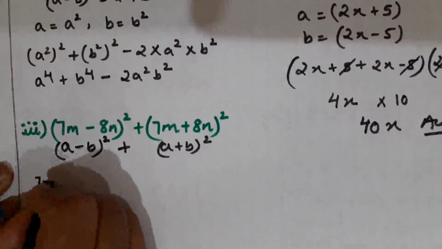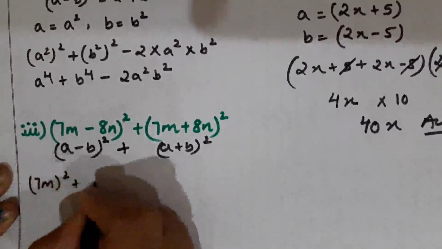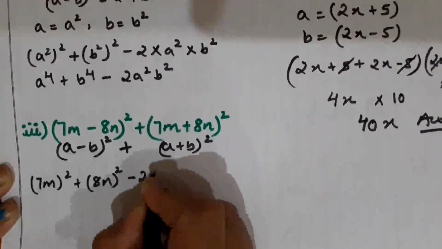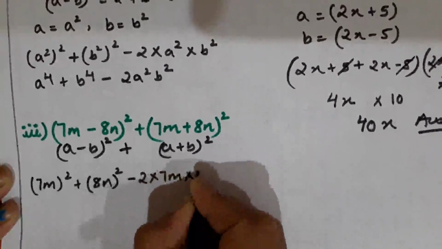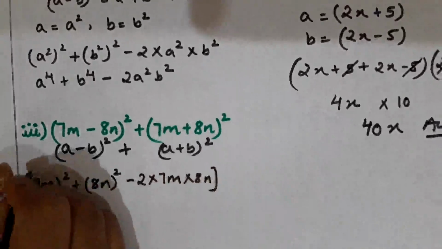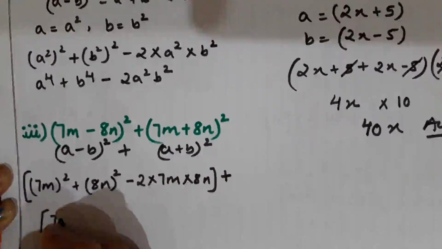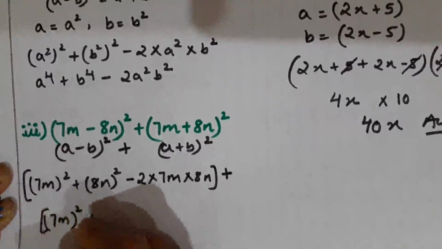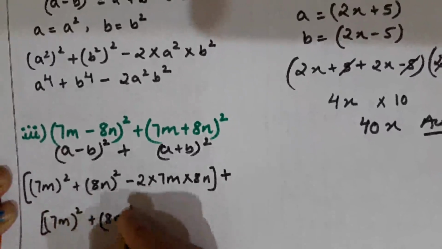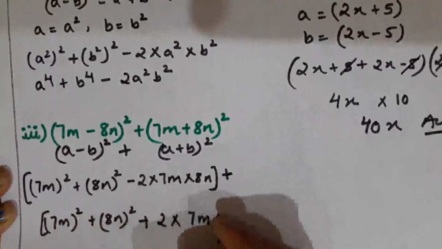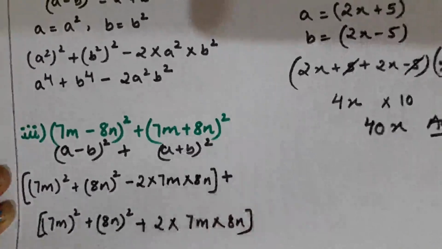So (7m) whole square plus (8n) whole square minus 2 into 7m into 8n, plus (7m) whole square plus (8n) whole square plus 2 into 7m into 8n.